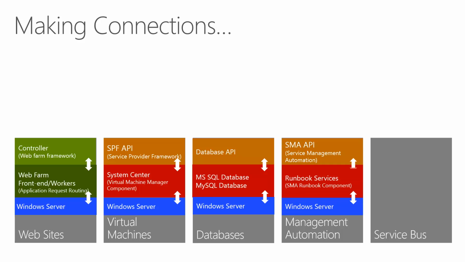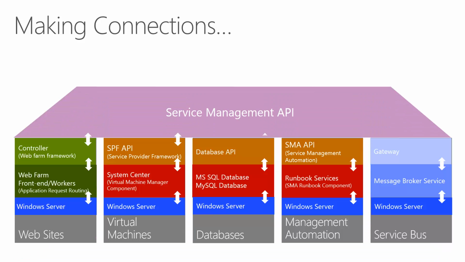We can continue and we can make a connection back to the SMA environment using standardized OData connections, and we can even deliver message queuing services or service buses. All of these deliver up into one single unified API, which happens to be REST OData.